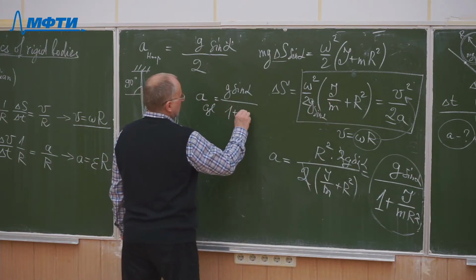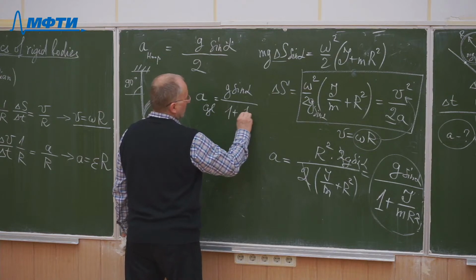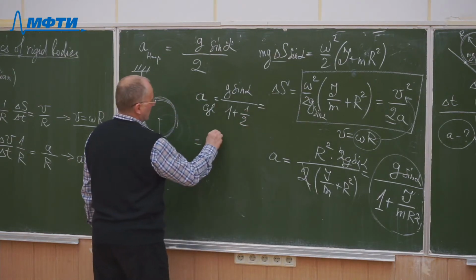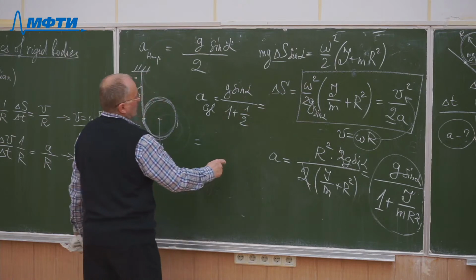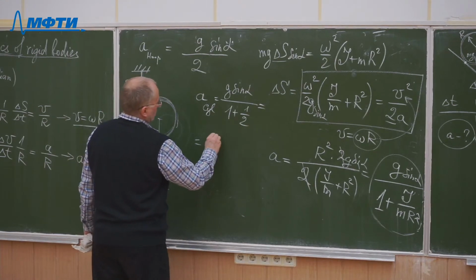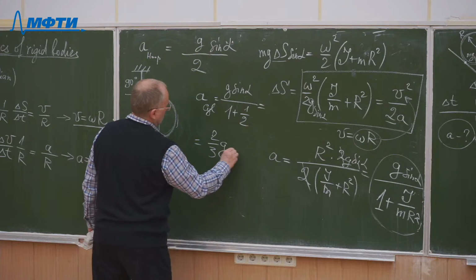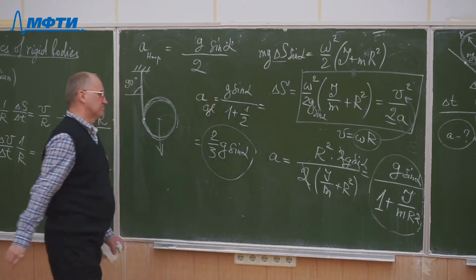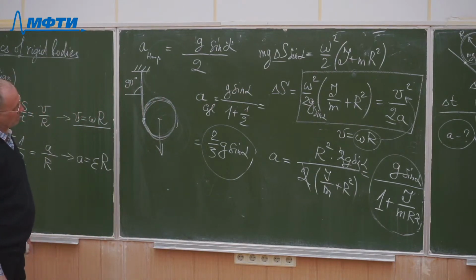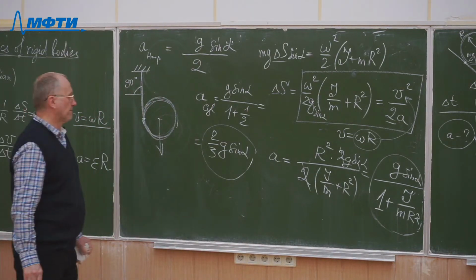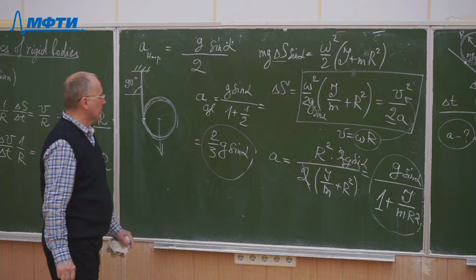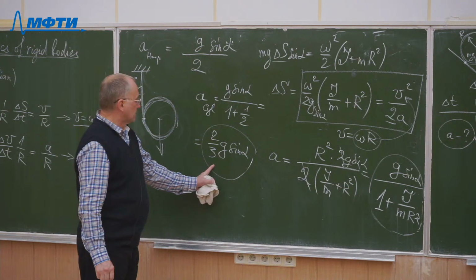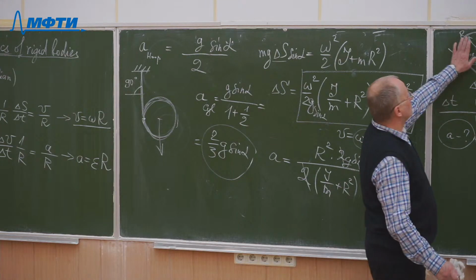Mr squared will cancel, and that will give us 1 over 2. So the final answer will be 2/3 g sine alpha. So if the mass is uniformly distributed, then the moment of inertia will be different.